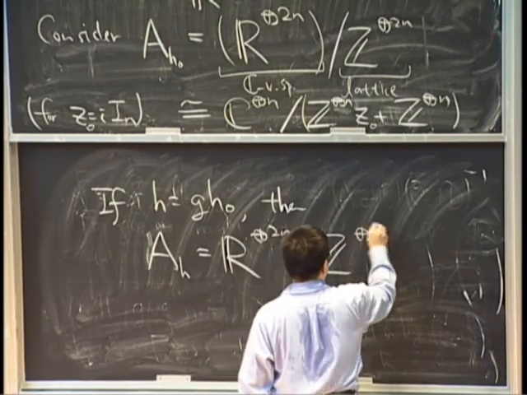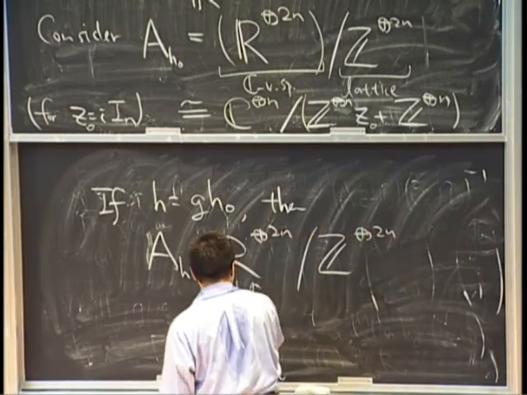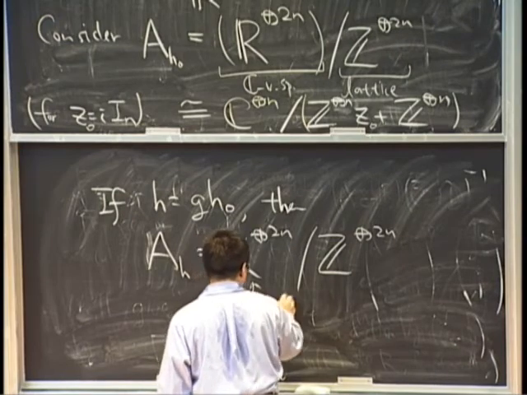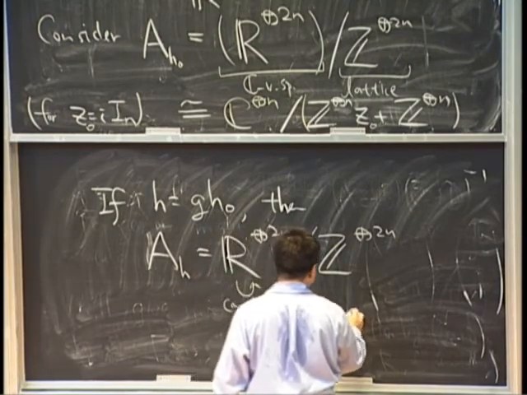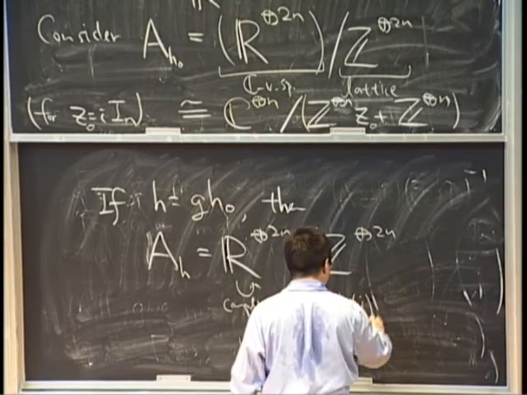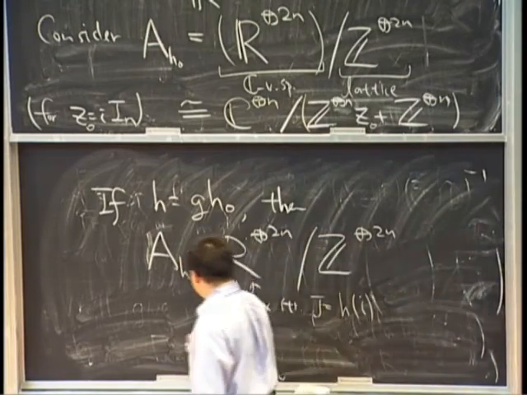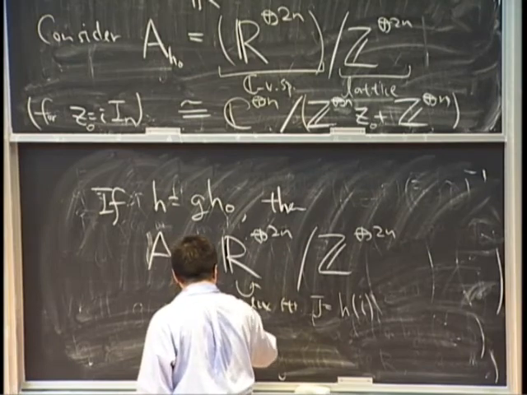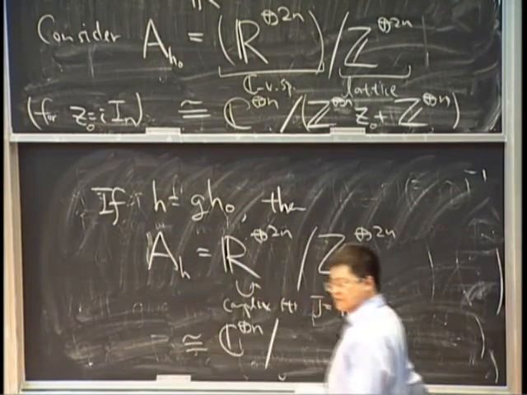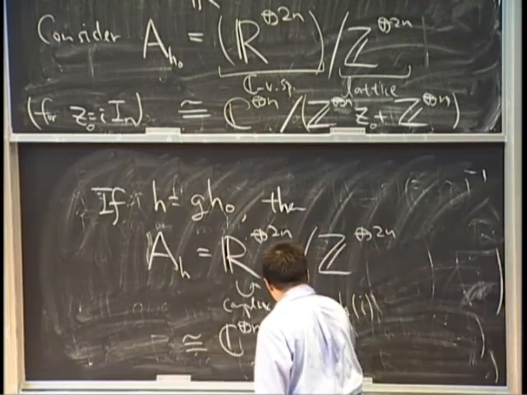Well, this all looks a bit funny, but this one has an action of complex structure J equal to h(i). This one is now isomorphic to, I guess you can guess the answer, the n-dimensional vector space mod out by a lattice.